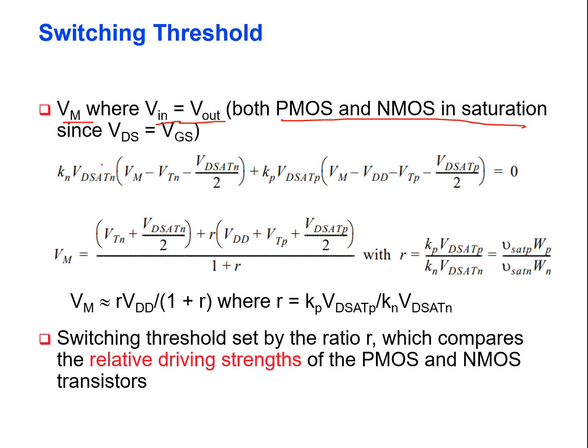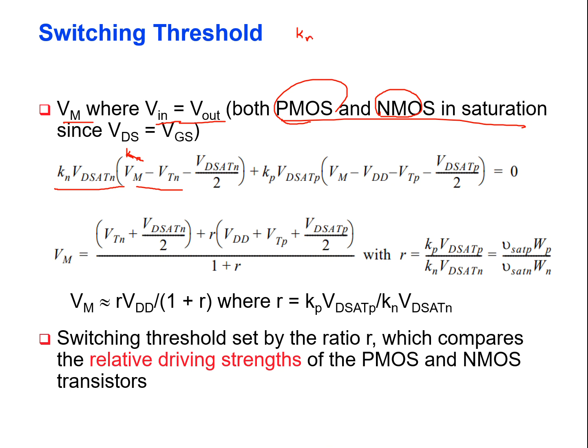Okay, and as both PMOS and NMOS are in saturation, we know the formula. Instead of writing it elsewhere, I will write here, so it will be easier to follow.